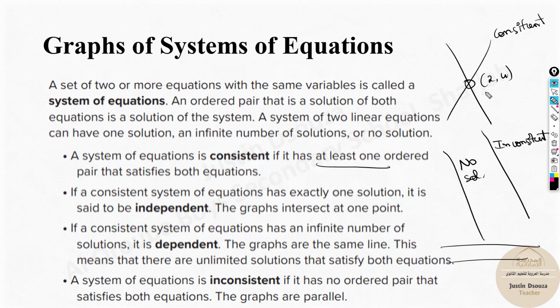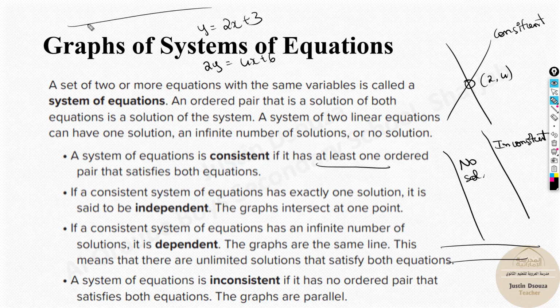Then that will become dependent. Imagine there is an equation, say y is equal to 2x plus 3, and now I'll write one more equation, 4x plus 6. These two equations are equivalent to each other. Why? Because I've just multiplied by 2 throughout and I got this.